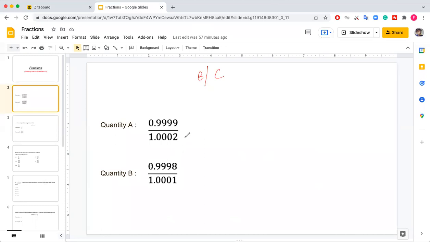So usually there's always a pattern in this type of question, which at first sight seems a bit difficult. If you see closely, the denominator is 1.0002, right?